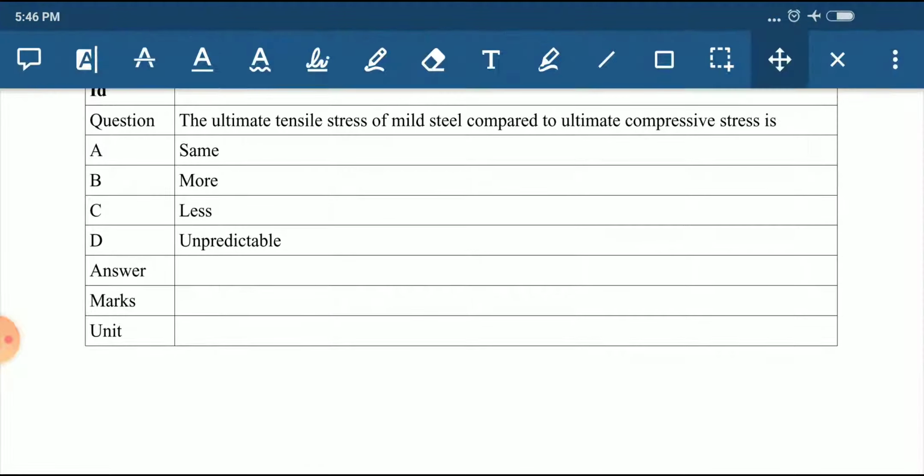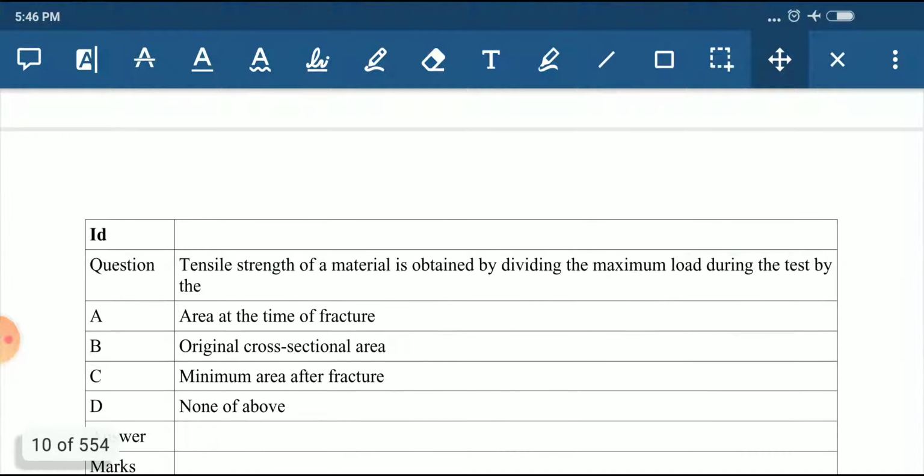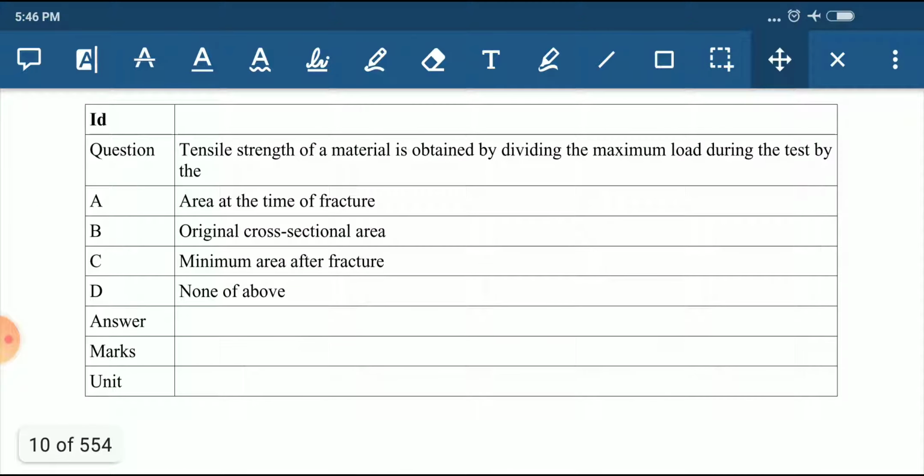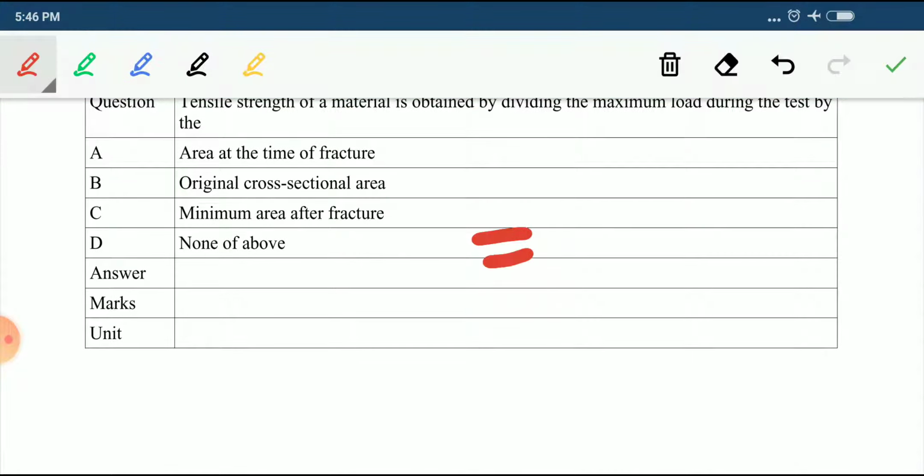Next, the tensile strength of material. The tensile strength of material is obtained by dividing the maximum load during the test, maximum load divided by what?